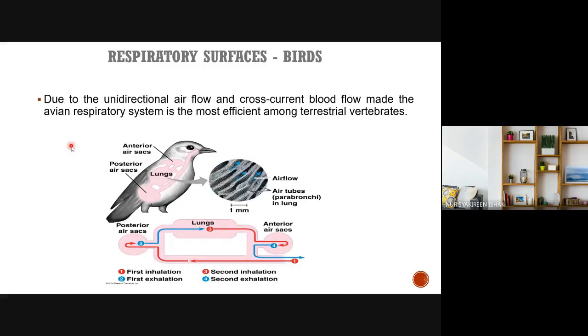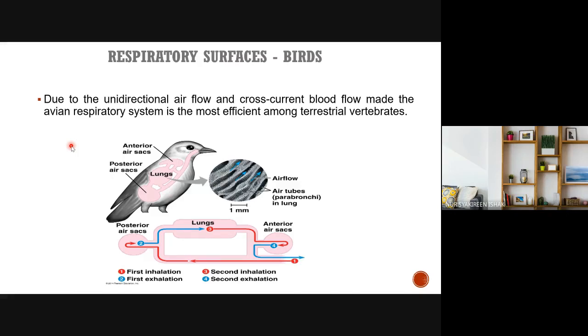So kenapa dia most efficient? Sebab bila bird ni dia inhale ke exhale, the lung is always supplied with oxygen. Berbeza dengan manusia, dengan kita, when we inhale, our lung will be supplied with oxygen.